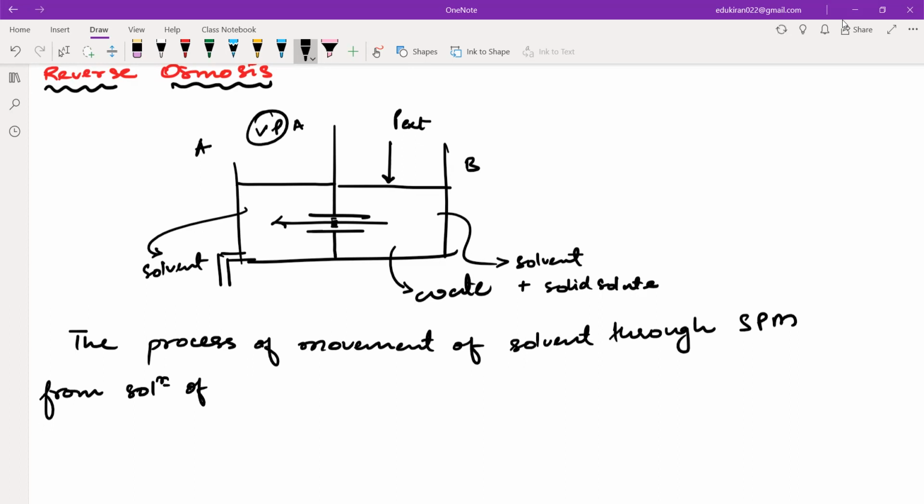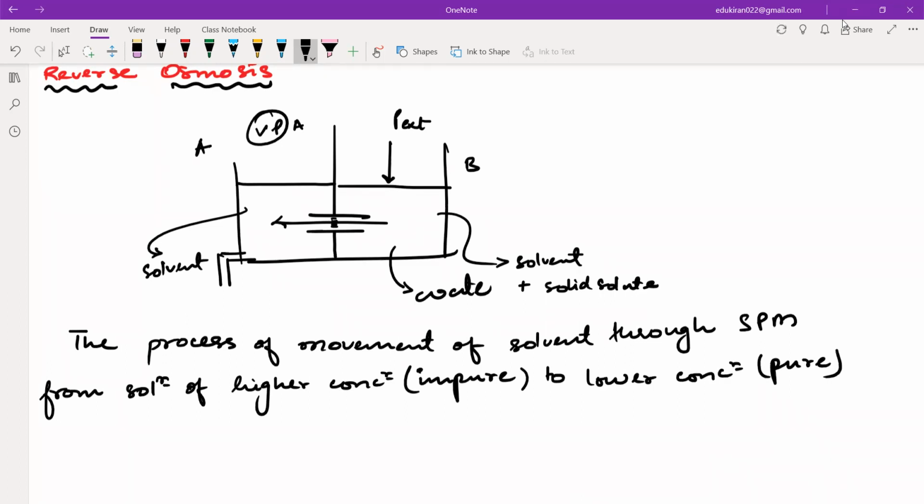Semi-permeable membrane. From a solution of higher concentration, hai na? Higher concentration wala aapka impure hoga, to lower concentration. Lower concentration wala aapka pure hoga, right?